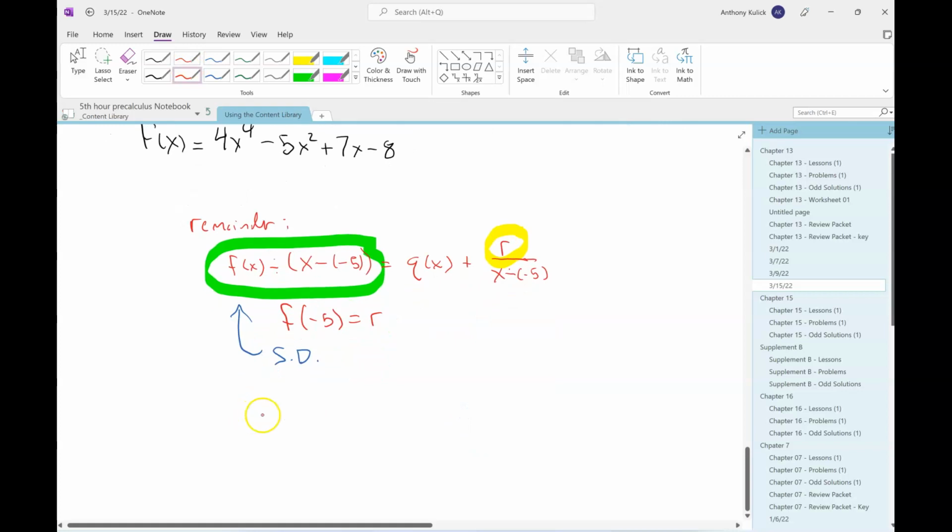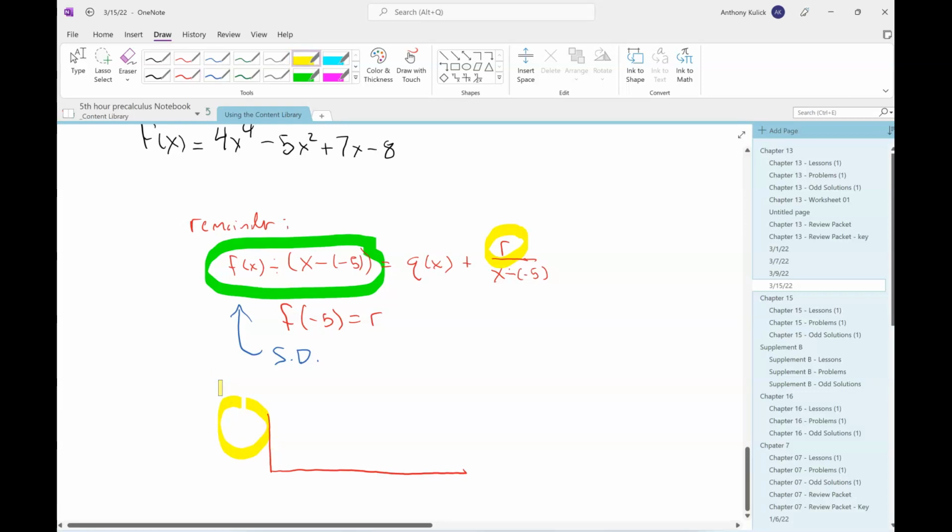So basically, I just need to set up the synthetic division of f of x divided by x minus -5. So here's my synthetic division setup. Who can tell me the number that needs to go on the outside of the synthetic division setup here? I need to put some number out here, right?